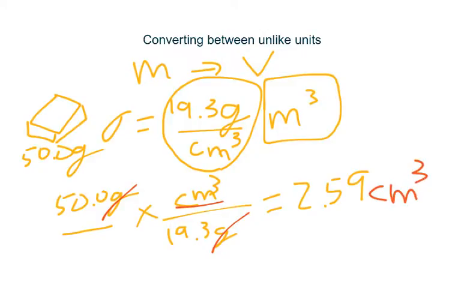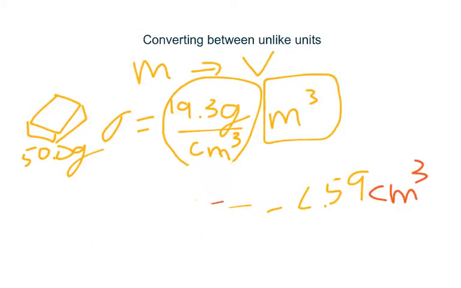Now, all we have to do is convert cubic centimeters into cubic meters. How do we do that? Well, there are some tricks that you can do. So let's erase this and write 2.59 cubic centimeters on a new line.